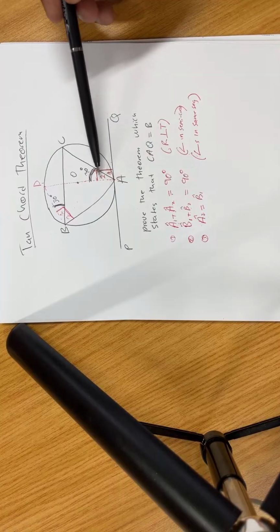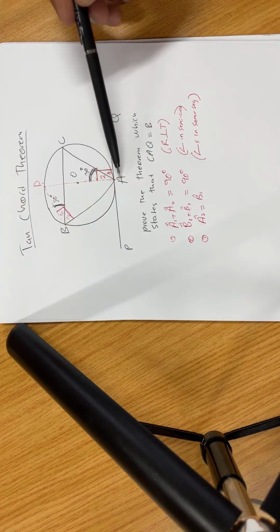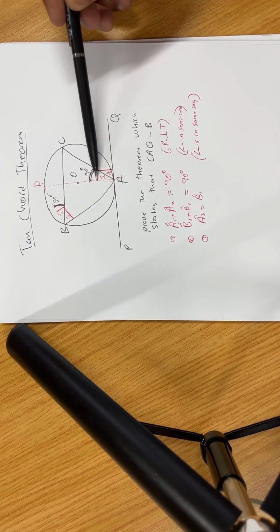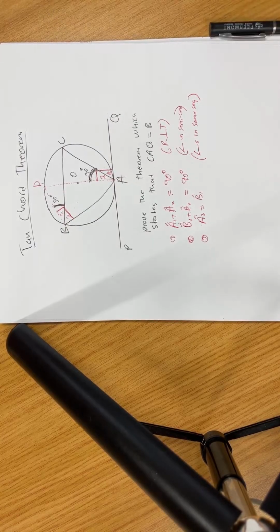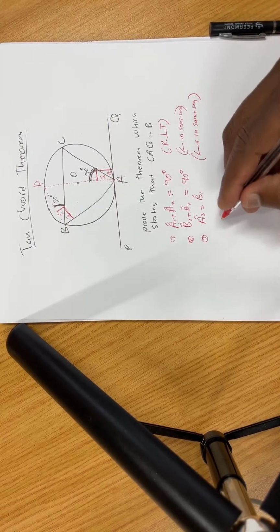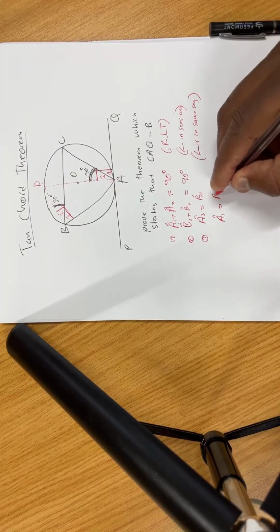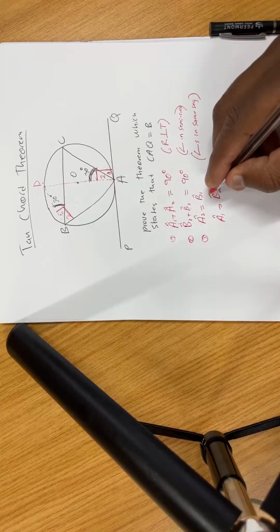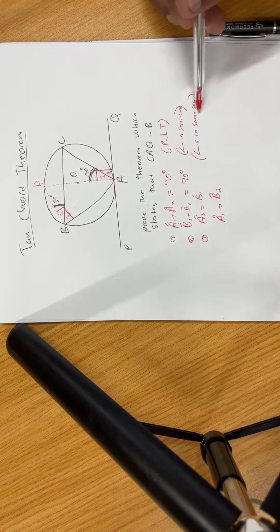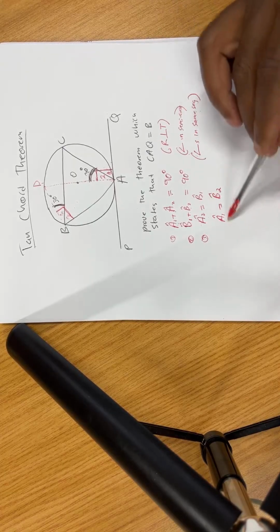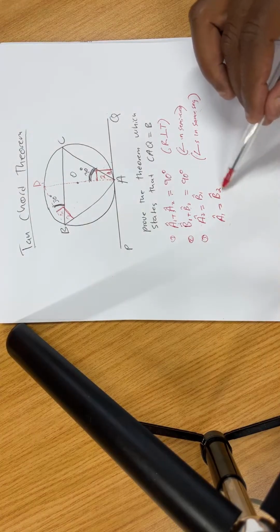We know that angle A2 is 30, so angle A1 is 60 because they are in 90 degrees. Therefore, we can conclude that angle A1 is equal to angle B2.